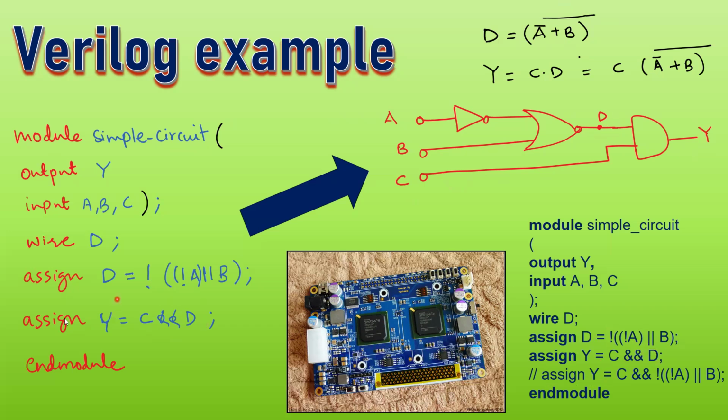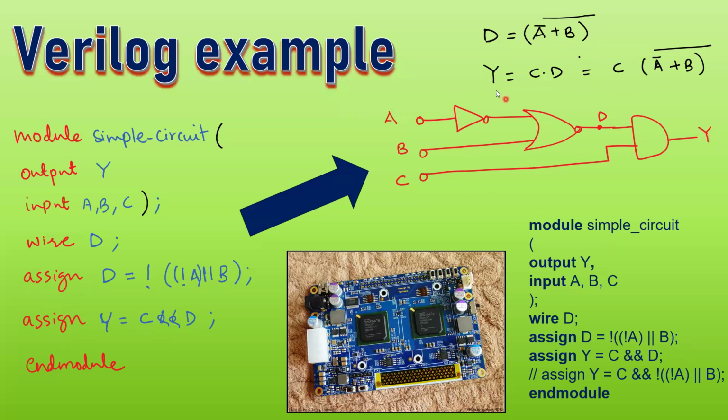What I have done here manually is assign D equal to this expression, which is exactly this one, and assign Y equal to C and D, which is exactly this one. What if I don't want to write two separate assign statements? Instead, I want to write a single assign statement and assign to the Y variable the complete operation that is happening here.